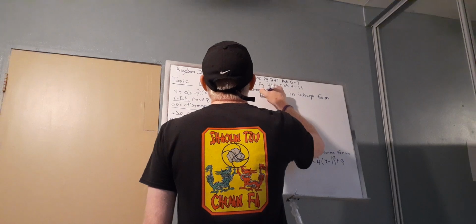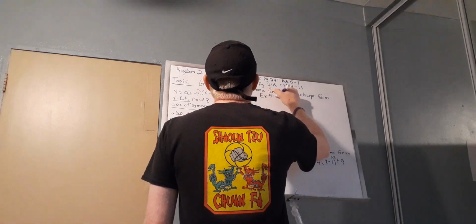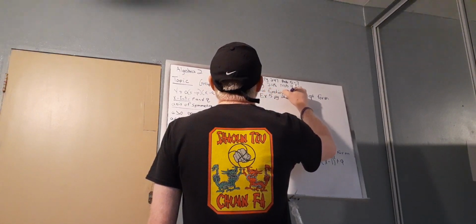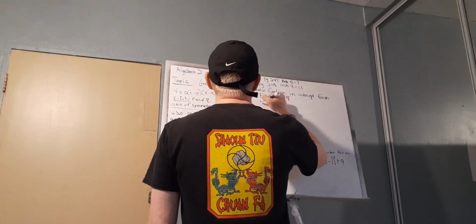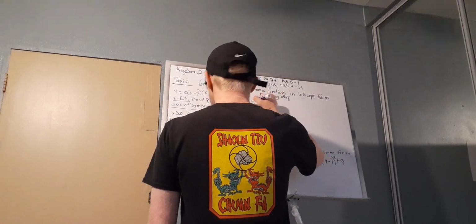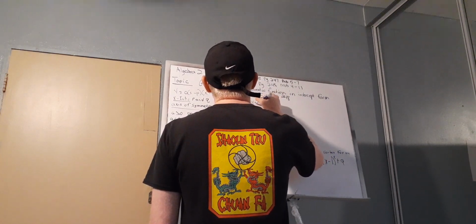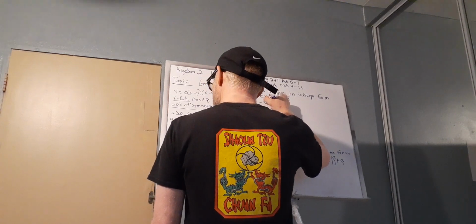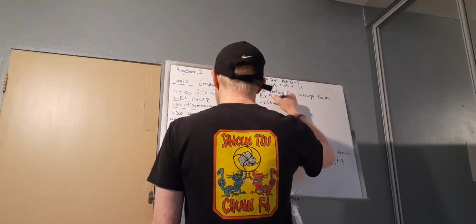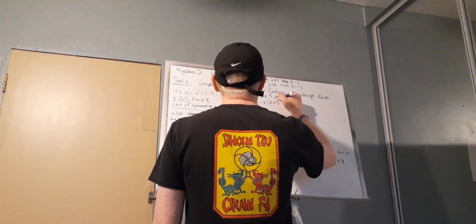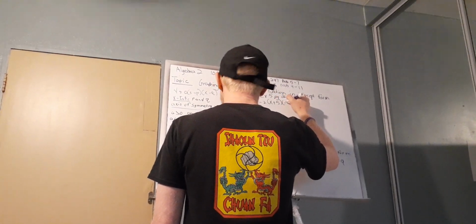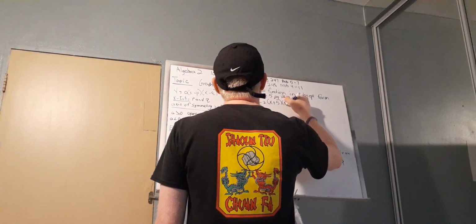Example 5, page 248. And that would be y equals negative 2 times (x plus 5) times (x minus 8).